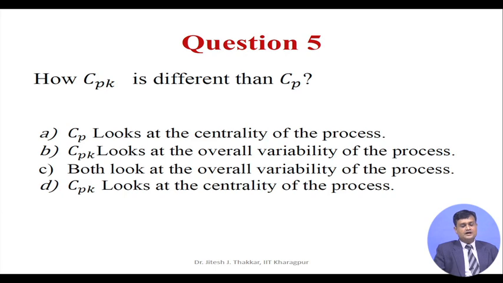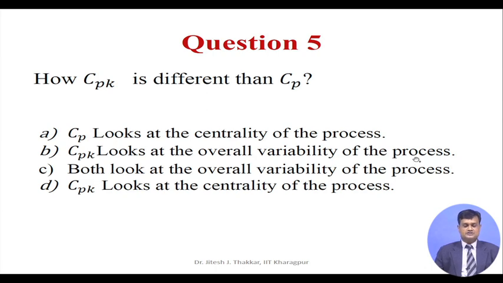Question 5, how CPK is different than Cp? So, there are 4 options. A, Cp looks at the centrality of the process. B, CPK looks at the overall variability of the process. C, both look at the overall variability of the process, and D, CPK looks at the centrality of the process.